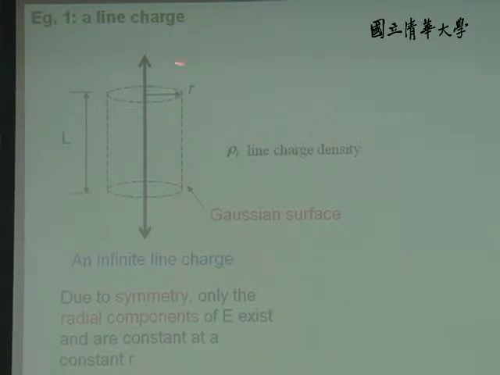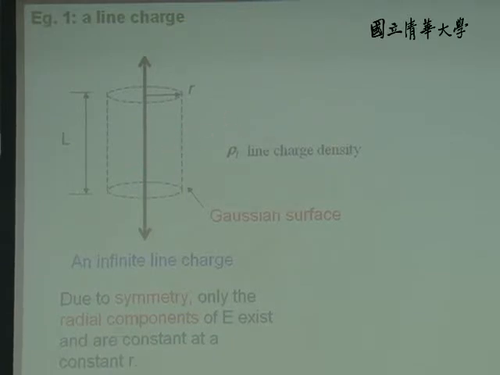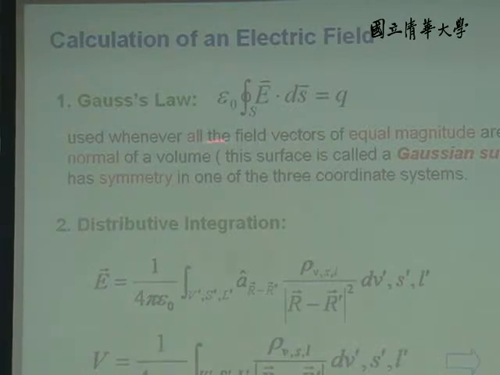On the surface of this cylinder, the radial components of the electric field are all the same, and along the surface normal direction. So this satisfies the condition to use Gauss law to calculate the electric field. Right?